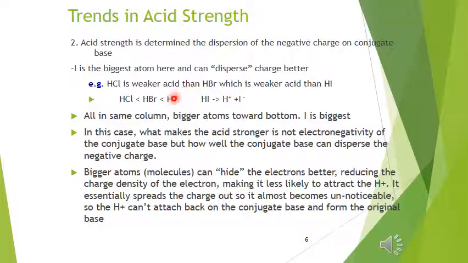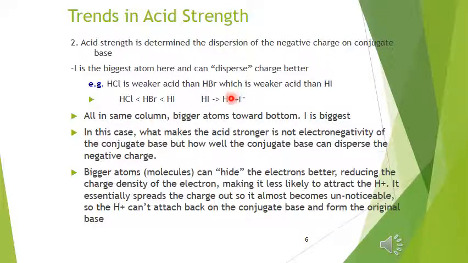Okay, in this case, the I grabs a hold of the electron, and because iodine is so big, what it kind of does is it just kind of flashes out that electron all over the place. So really we should be looking at this as HI turning into H plus and I minus.